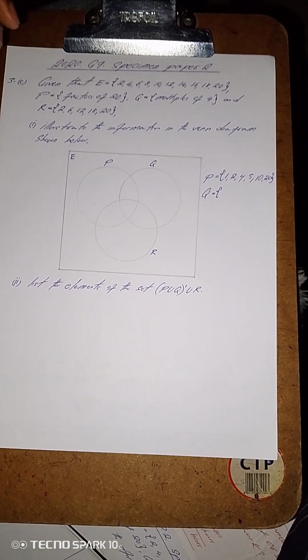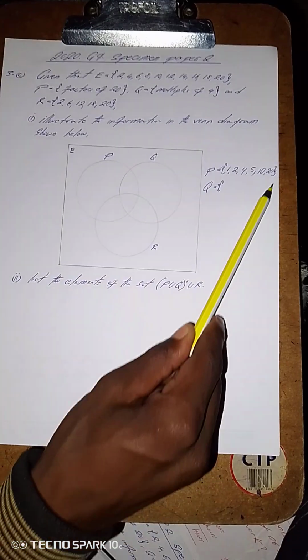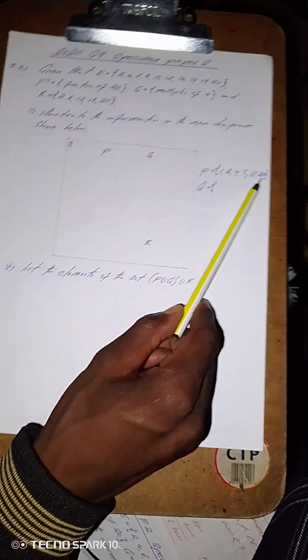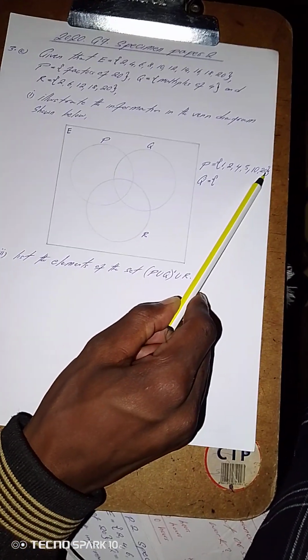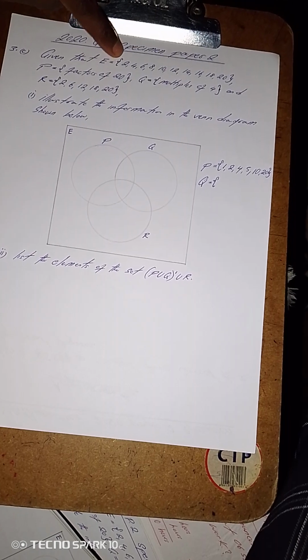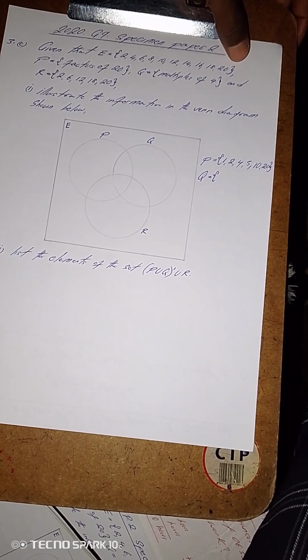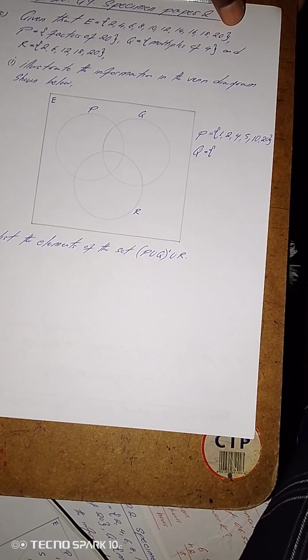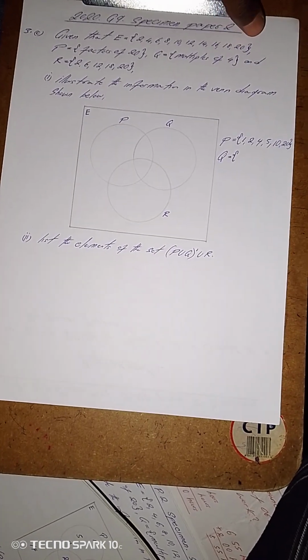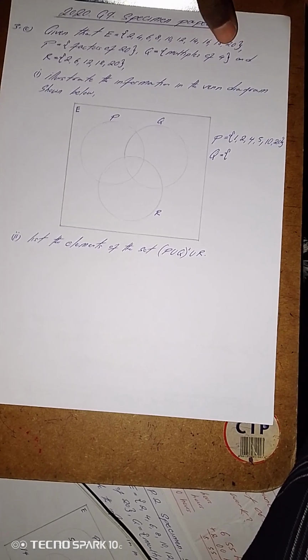And when listing them, I've ended on 20. The reason is that the universal set ends on 20, so we don't have to go beyond the universal set. Even the multiples should be 20 or less than 20.